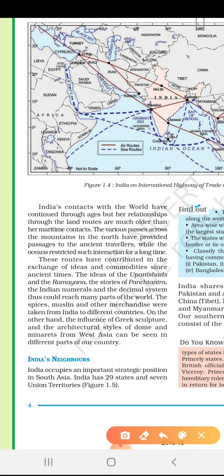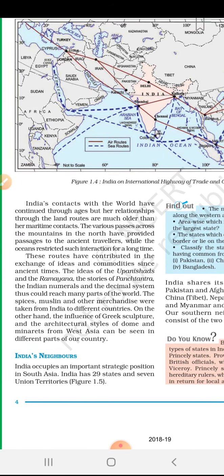Because of these mountain routes, people were able to exchange ideas: the ideas of the Upanishads and Ramayana, the stories of the Panchatantra, the Indian numerals.